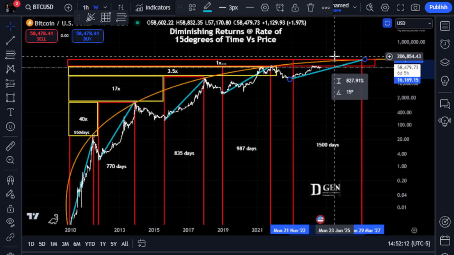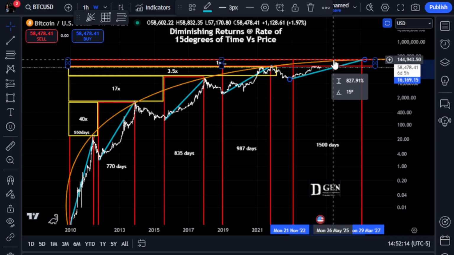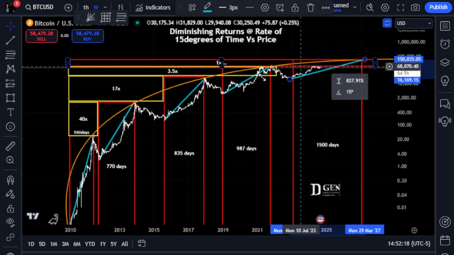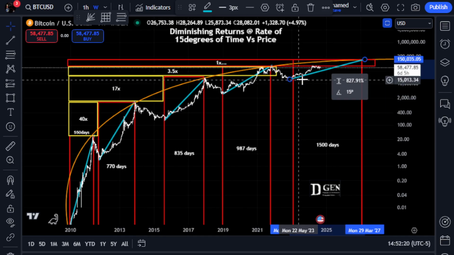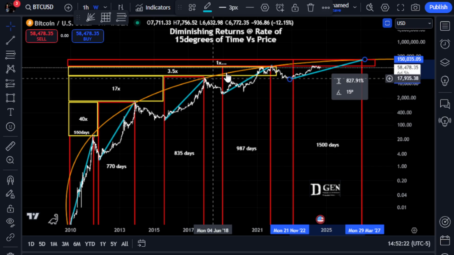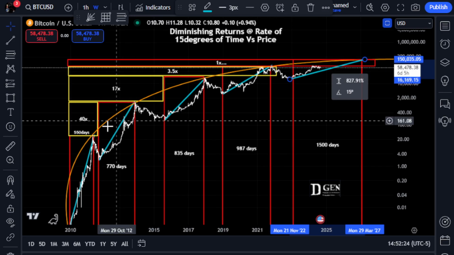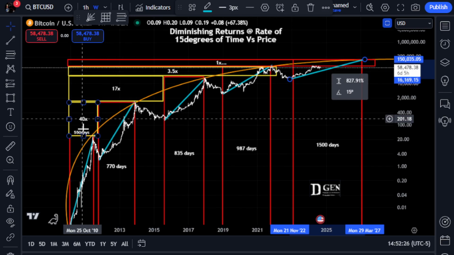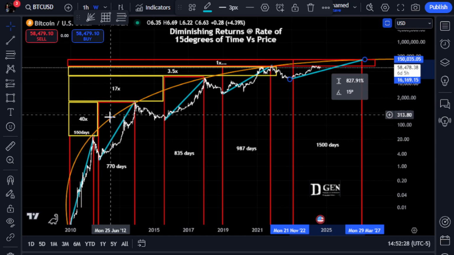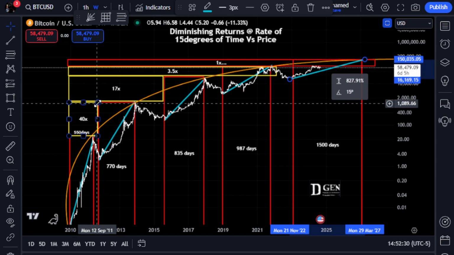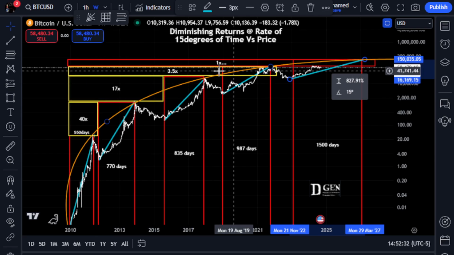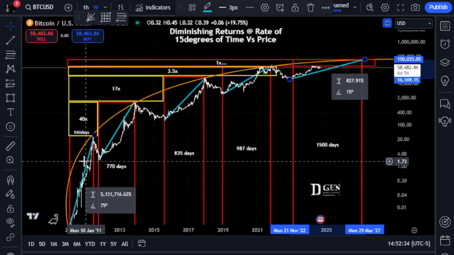Anybody that says it can't go to $1 million, sure, it could. But what are we seeing here? We are seeing diminishing returns in time versus price. None of these are exact measurements in days and X's. This is just a rough visual representation of approximations of what's going on.